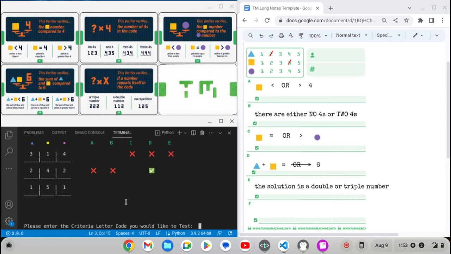Okay, so let's go ahead and test A. Okay, so in fact it is not greater than 4. So that means that square has to be less than 4. Wow. Okay.